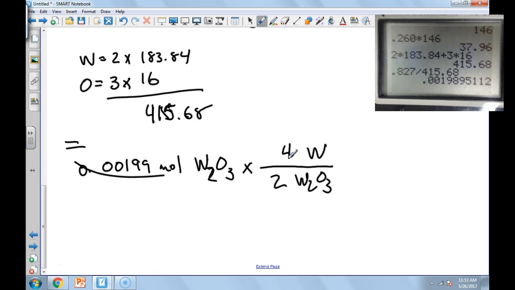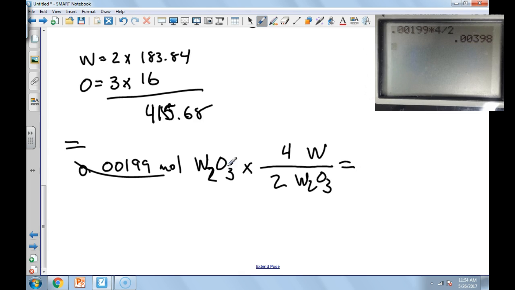Now if you see the pattern there, that's cool. You don't have to necessarily show the work if you can see what the answer is. Okay, but I'll show it to you. So it's 0.00199 times 4 divided by 2.